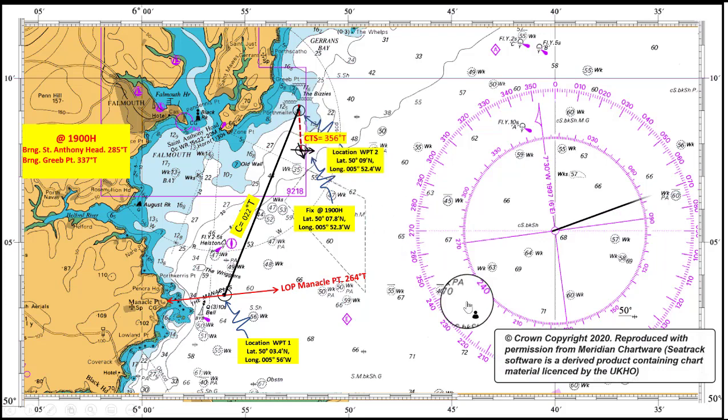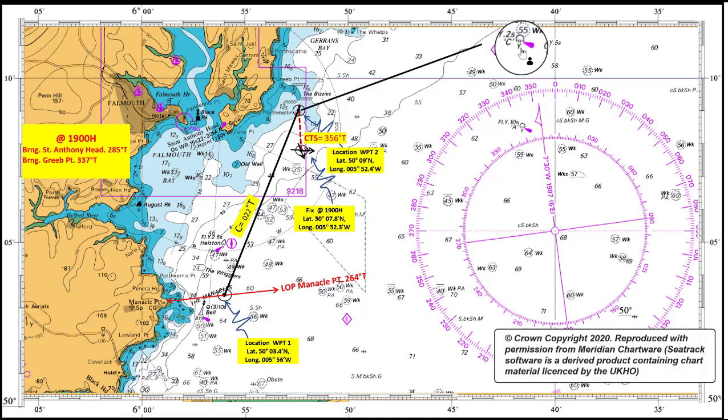So let's measure here 070. This is 60, this is 90, this is 80, this is 60, 70, 80. So this is 070. Bring that to your waypoint 2. So now you have the new course line.